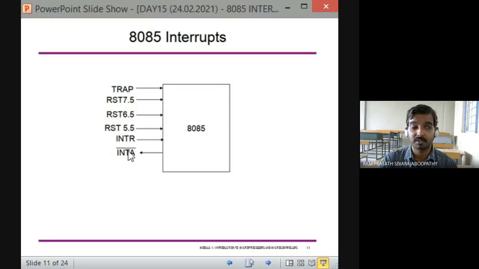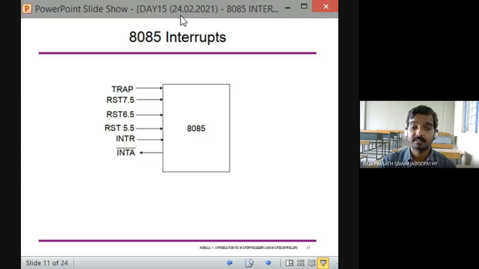This INTA bar signal is only for INTR. There is a reason behind that. Is it clear for everyone? I will tell you the reason later. As of now, we have 5 interrupts and 1 interrupt acknowledge pin.